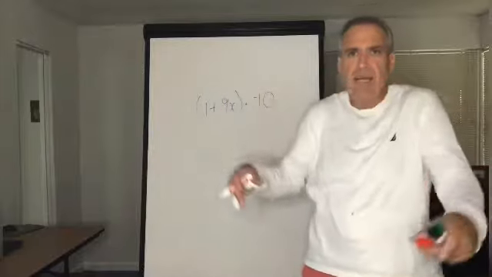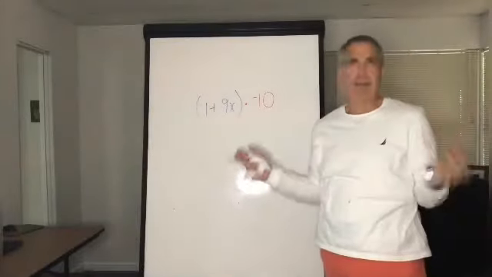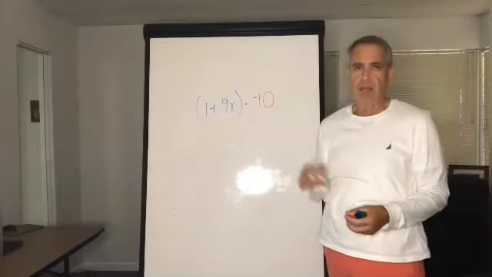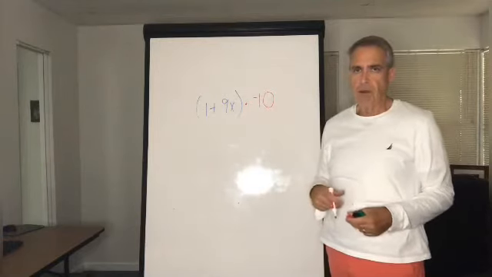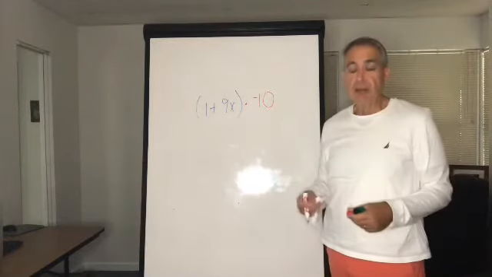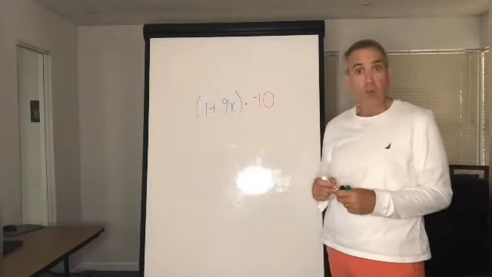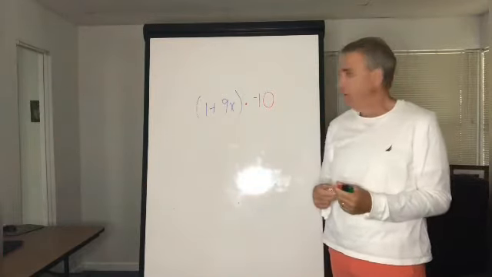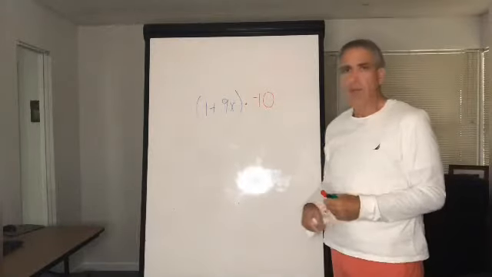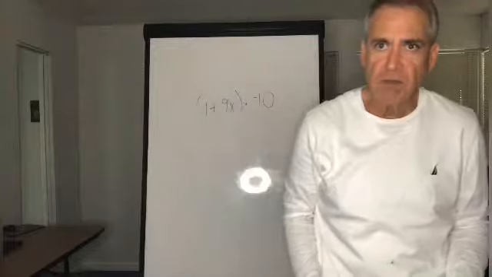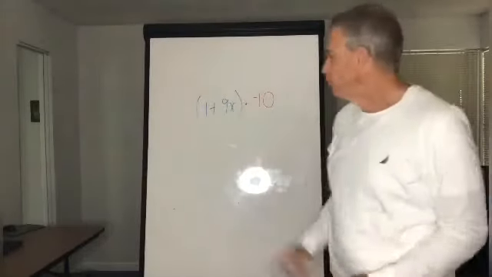Do as many steps as you can until you get to I don't know what to do next. Okay, fine. Hit play. Watch how it's done. If you can go all the way to the end, bully for you. All right, there's the problem. Time to hit pause and work it out yourself. All right, go for it.